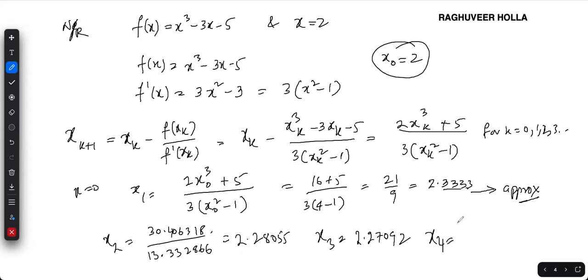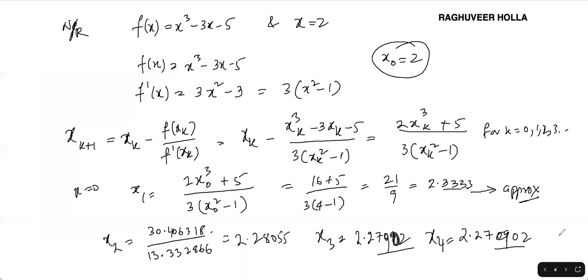I'm substituting and getting all the values. You can cross check it. 2.2709. Oh, sorry, 90. Sorry, this is 902. Okay, 902. So as you can see here, almost the same.